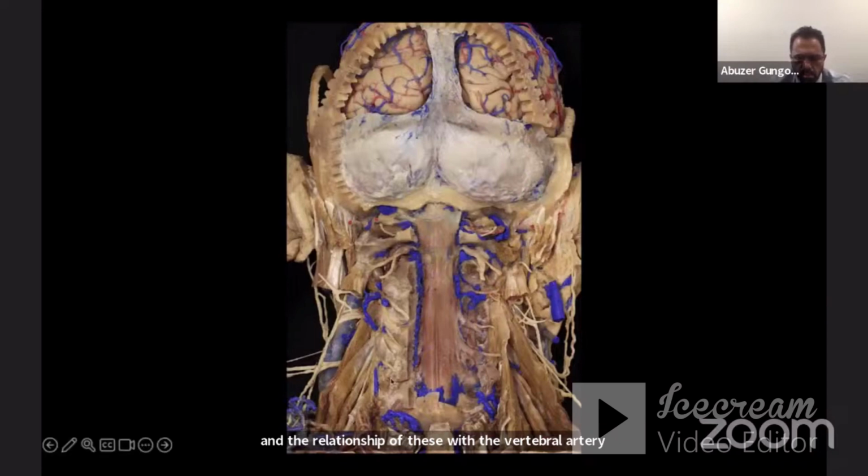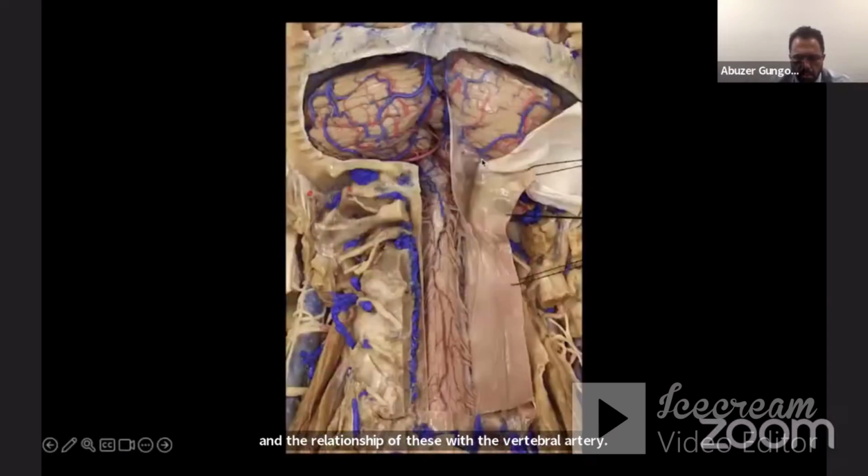Here we have exposed the dura posteriorly, just to show now the neural elements, the cerebellum, and the spinal cord, as well as the arachnoid and the dura mater that has been retracted.